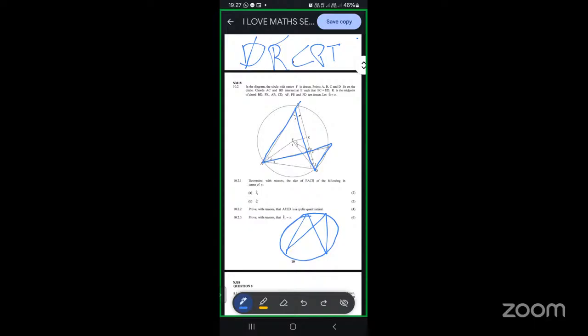Yes, sir. Okay, thank you. Therefore, we have that bow tie shape. This angle will be equal to that angle, and this angle here will be equal to that angle. Reason being angles in the same segment, angles subtended by the same chord. Okay, we are done with C.